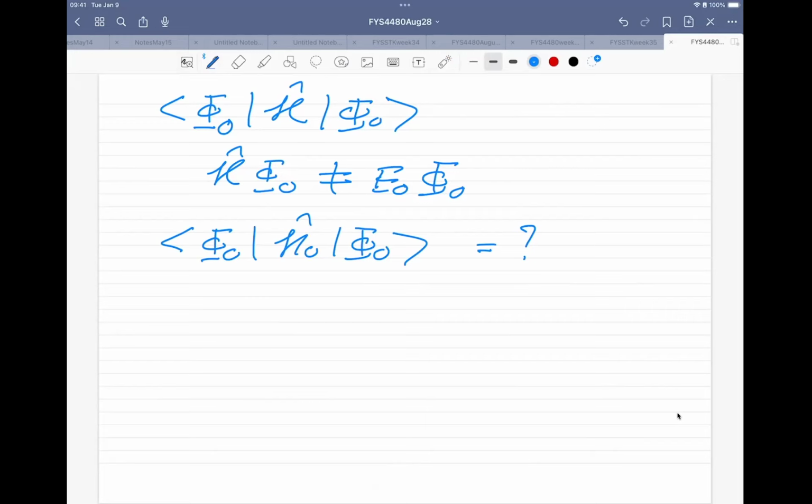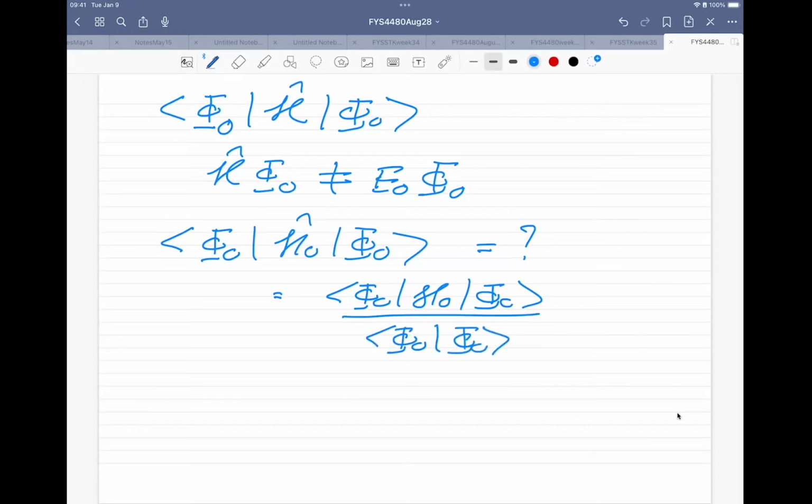In principle, this is given by the integrals where we have H0, phi 0, but we have already taken and normalized the function phi 0. So this is by construction equal to 1, because we're using an orthogonal and normalized basis. Actually, this is one of the exercises which you have to do, I think next week.